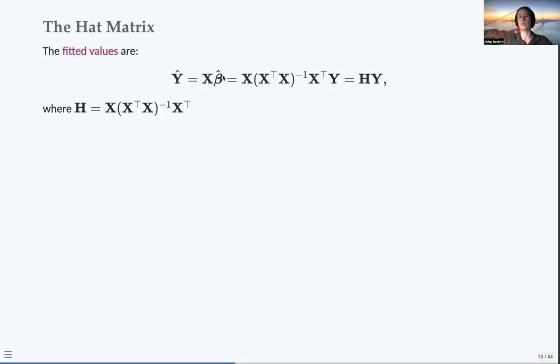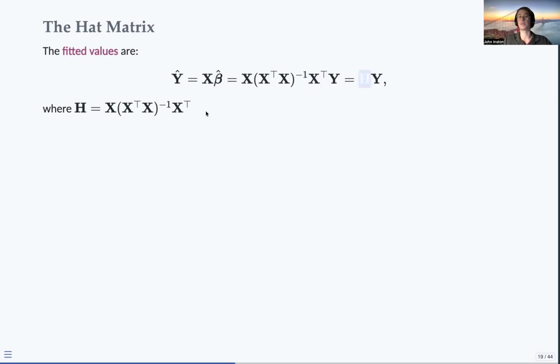And the point is that we can replace beta hat with this full estimate that we just derived. So the x transpose x inverted, x transpose y, all times by x from the beginning. And this is just a very long and tedious computation involving lots of x's and a y. And so we define this long and tedious computation of x's as the hat matrix.